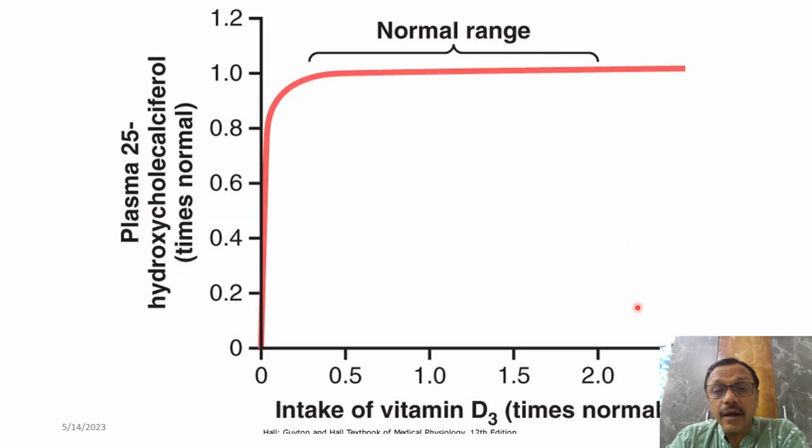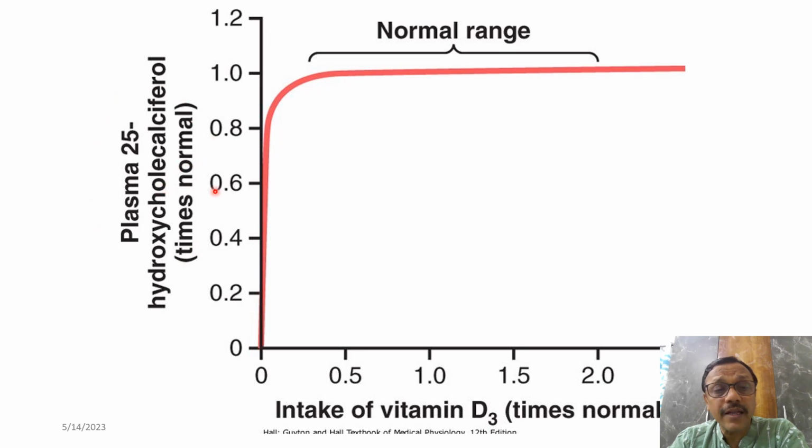Now the intake of vitamin D3 from the diet can vary. Sometimes you tend to take a large amount of vitamin D3, sometimes a low amount. But the amount of plasma 25-hydroxycalciferol remains constant, irrespective of the amount of D3 that you take, because we want this to be in a normal range.